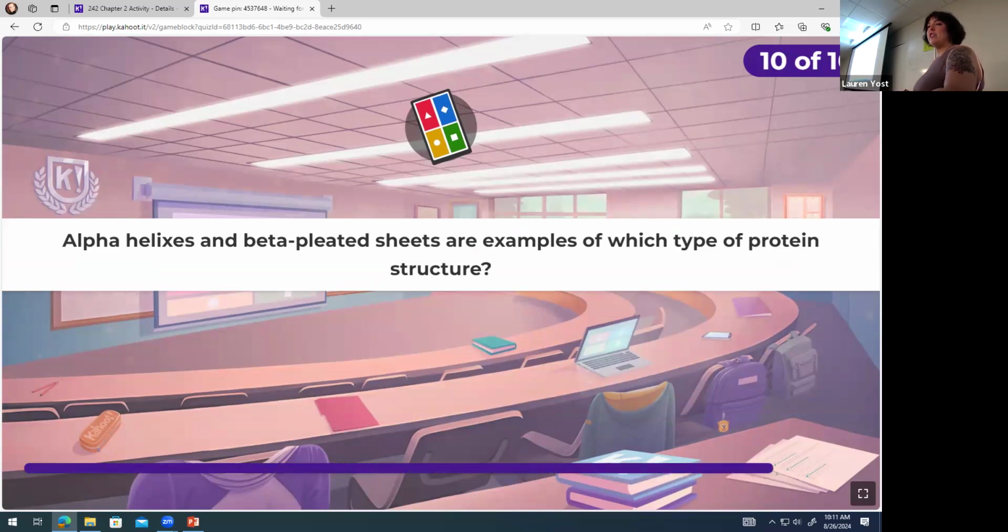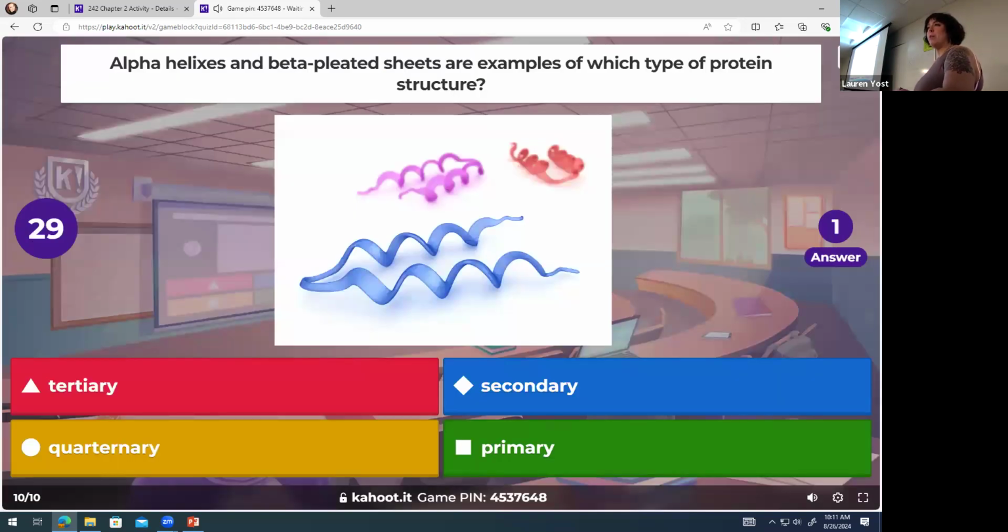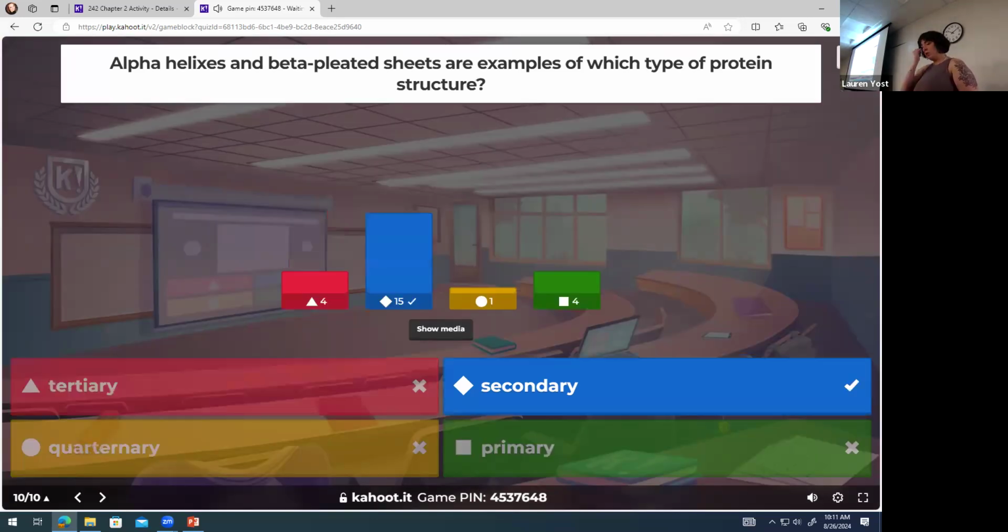All right, alpha helices, I don't like that, man. Helices and beta pleated sheets are examples of which type of protein structure? Where do we see that? All right, great job. That is the secondary level. Remember, primary is like if you had your protein, your polypeptide, that's just a whole bunch of amino acids stretched out and you were counting them off, naming them off.